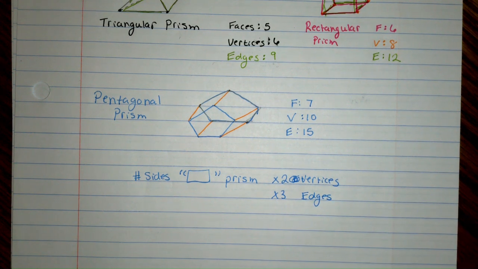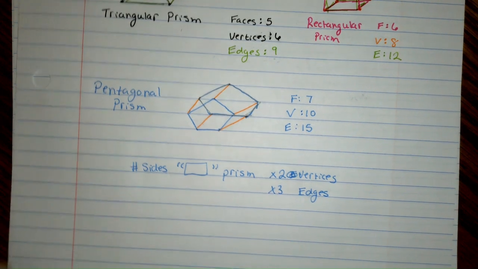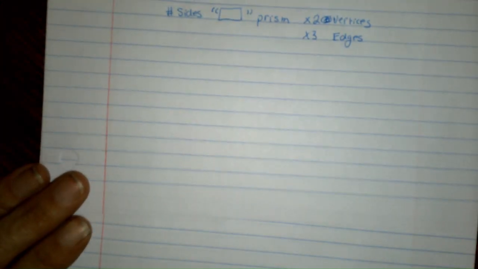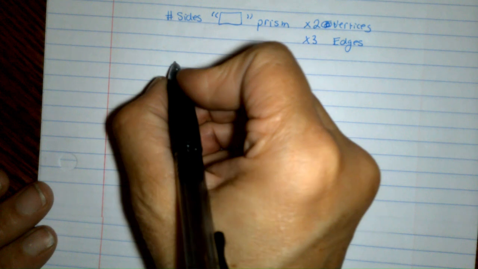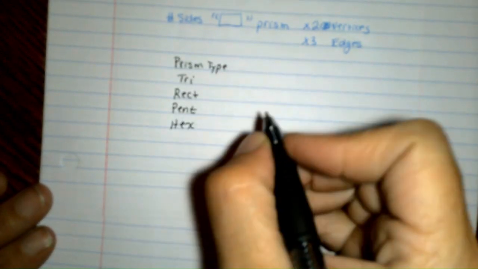But there's another relationship going on. So I'm going to write these numbers in order, that way we can see it a little bit more. Kind of a chart. So prism type: we had the triangular, the rectangular, the pentagonal, the hexagonal. We had our faces, our vertices, and our edges.